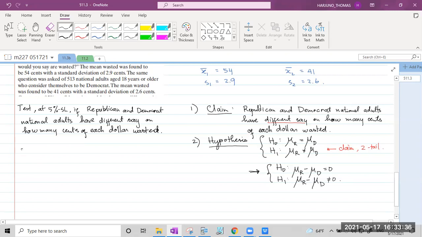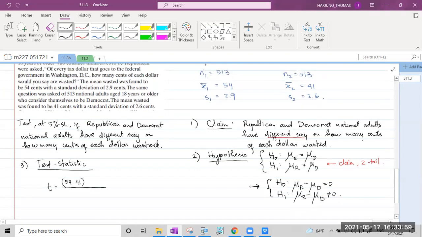Now step 3, test statistic. The sample size is actually very big though, it's 500 something. So T equals 54 minus 41, right?